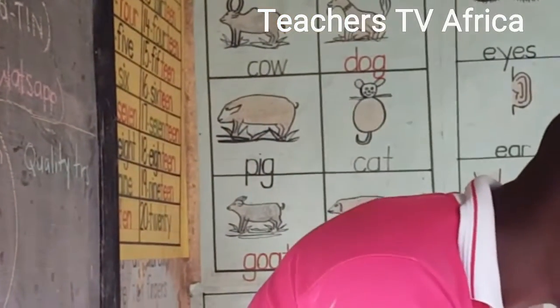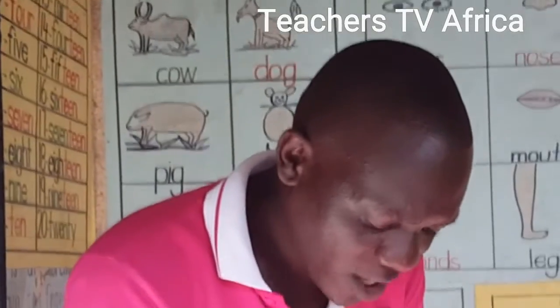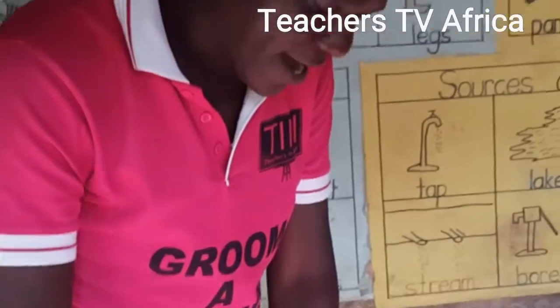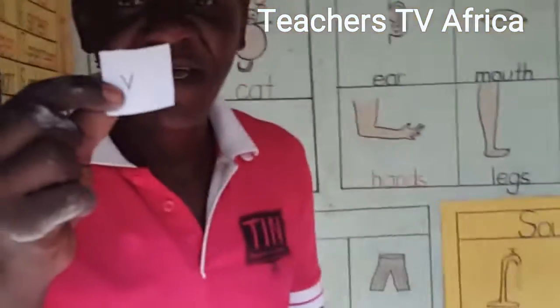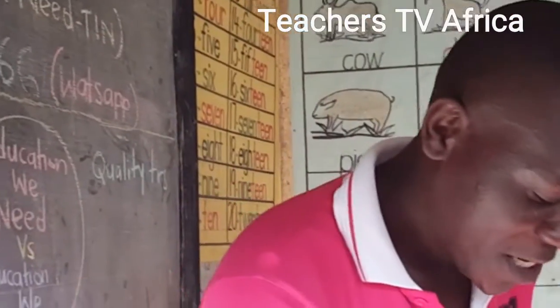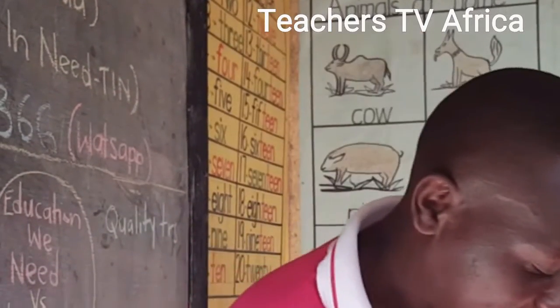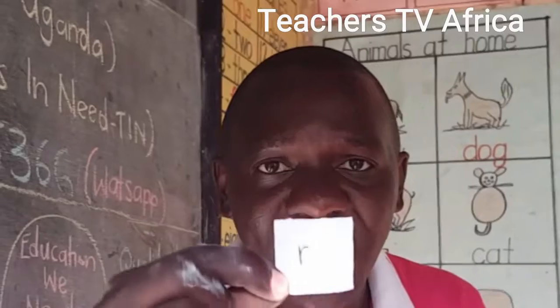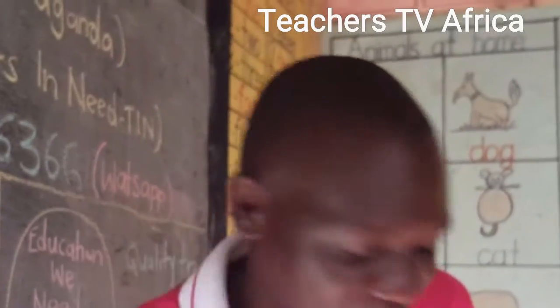And we can also have it in this way, whereby, assume they are in baby class, a child can come and we tell them, come, is this sound T? They say no. Is this sound T? Ask them at home, ask your child, is this sound T?